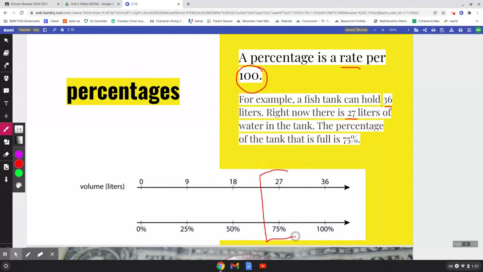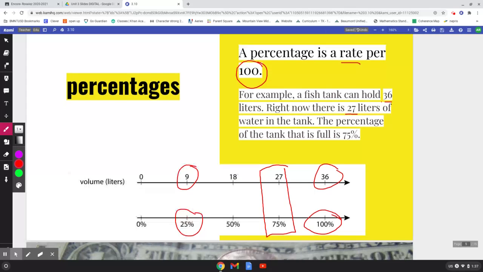So that's what they're looking at right there. So what you do is you divide 27 equally down, right? So if I wanted to know, well, how much is 25% of that? That would be 9 liters. If I wanted to know, well, what's 100% of those liters? It would be 36 liters. So the number line can still kind of help us as we do this.